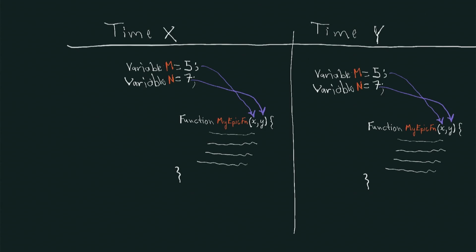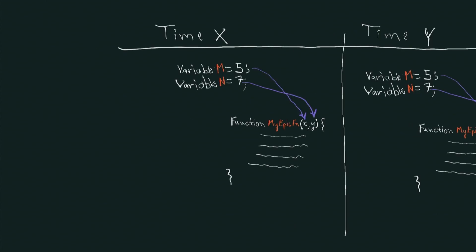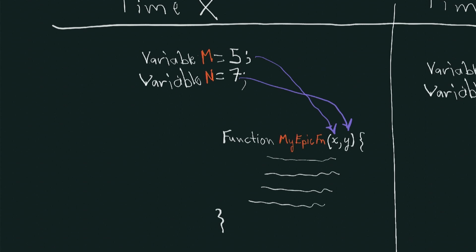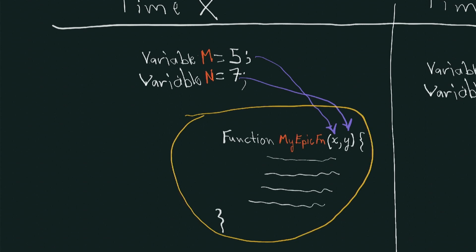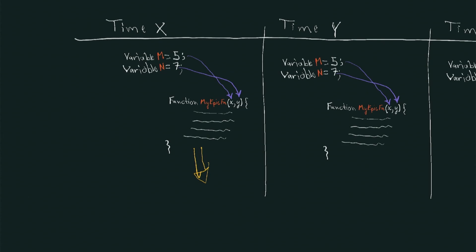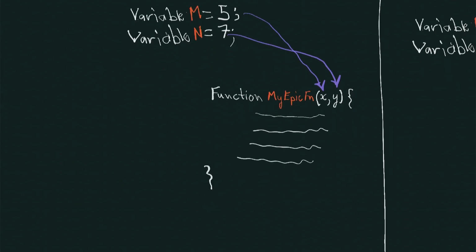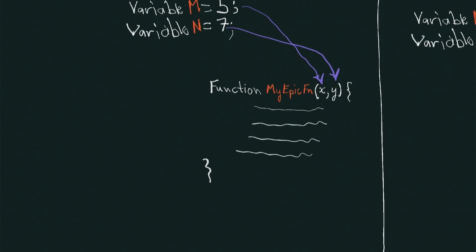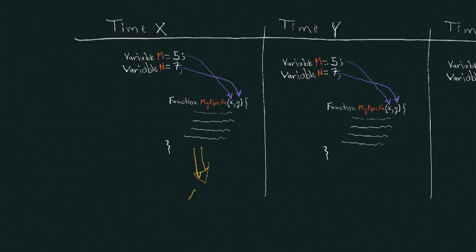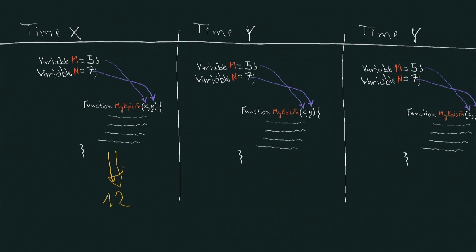Another instance of an impure function would be inconsistency in the output of the function. Let's say with our previous example, we have this epic function and the input 5 and 7 going in. After some calculations on the first try, we get maybe 12. Another time when we do the calculation, we get 35, just random stuff.